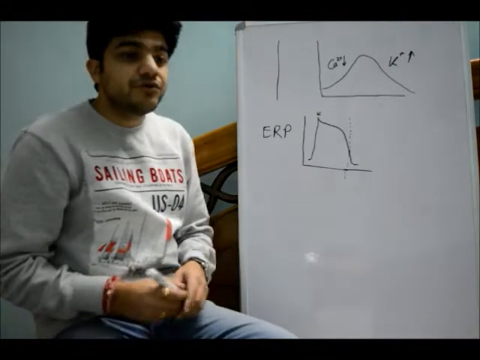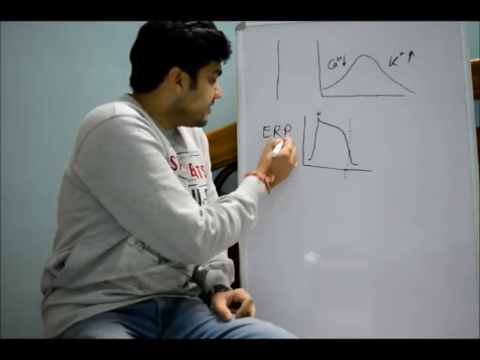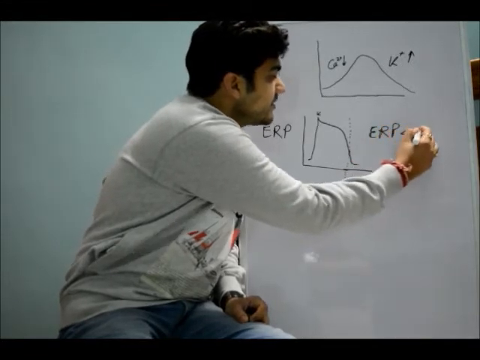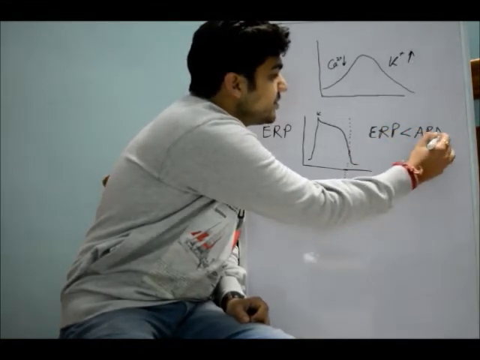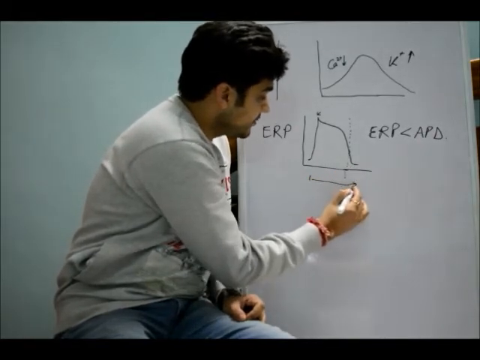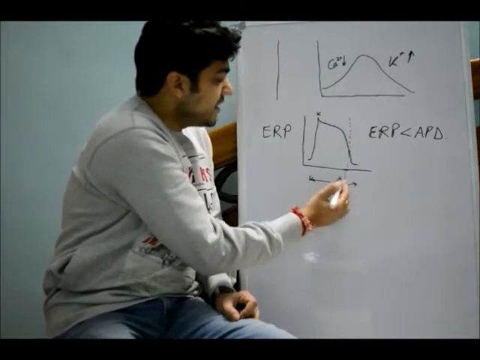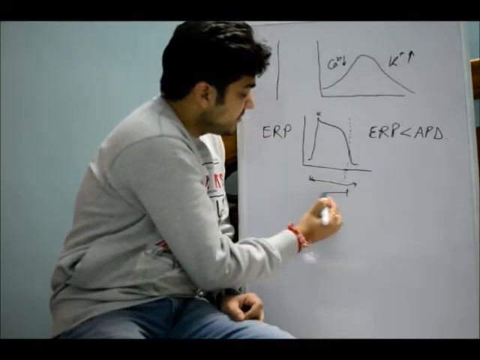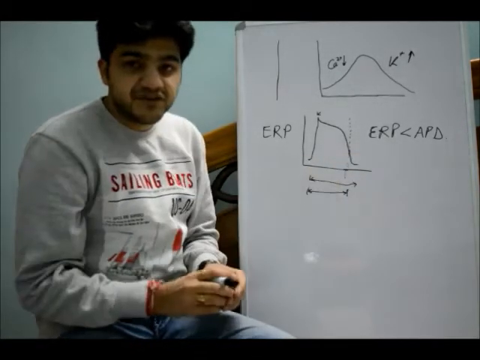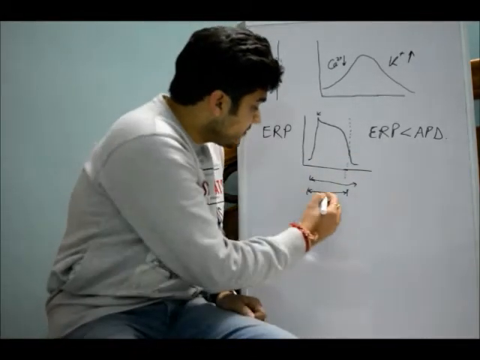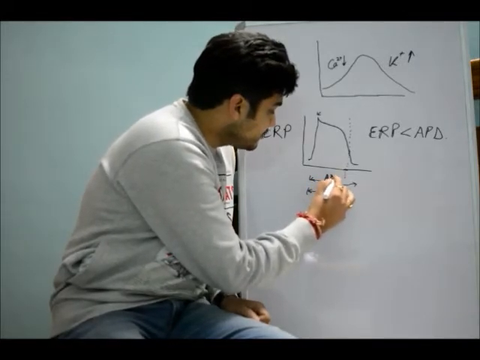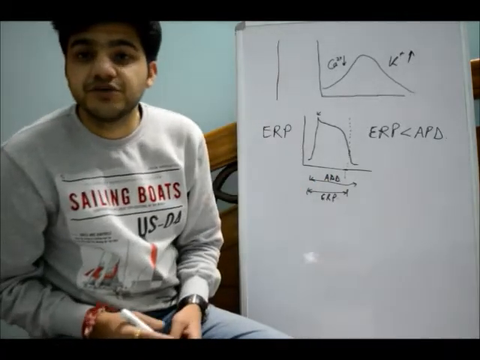And in the case of a non-nodal tissue, this ERP is generally a little less than the action potential duration, because the action potential duration is from this point to this point, but the ERP is just a little less, just before the cell reaches its resting membrane potential. So this ERP in non-nodal tissues is less than the action potential duration.